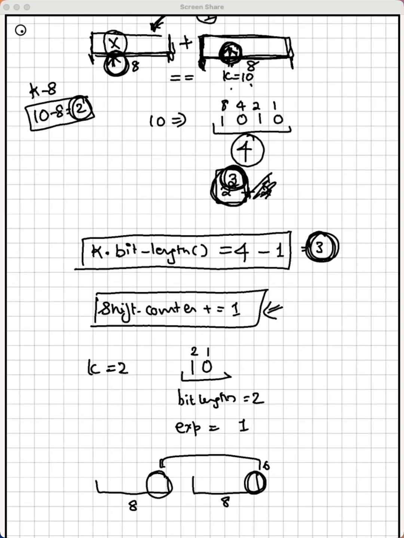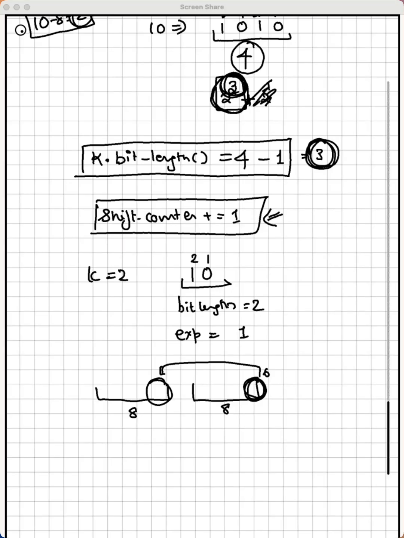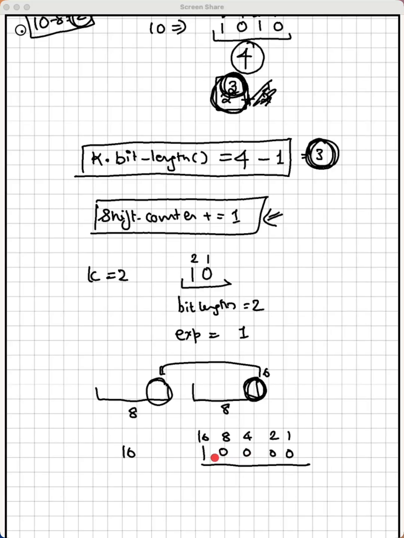But because 16 has one extra bit length, if you take 16, that would be 16, 8, 4, 2, 1, 1, 0, 0, 0, 0, and this is 5. So when I subtract 1 from it, I get 4, which is to say 16 and 16.